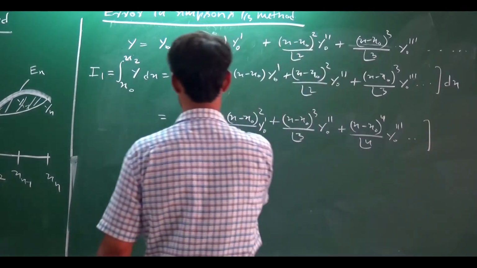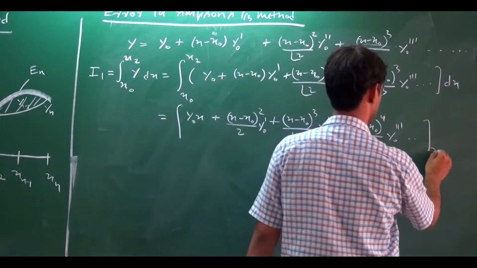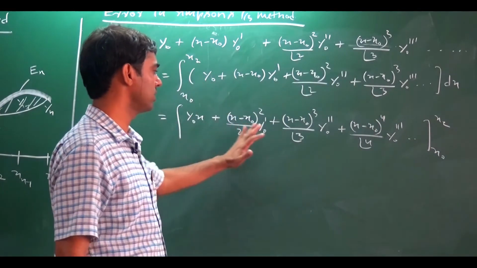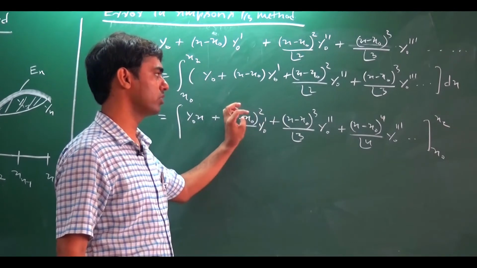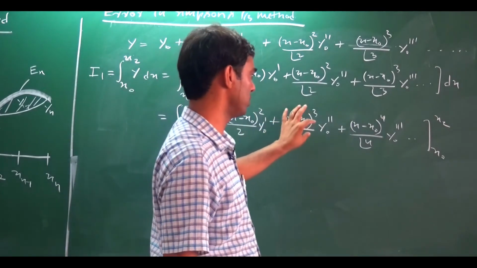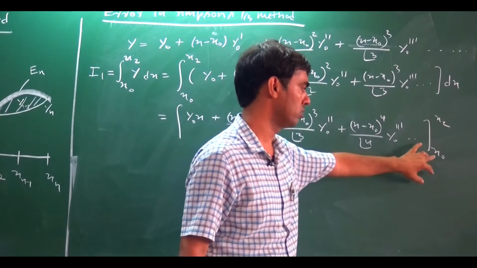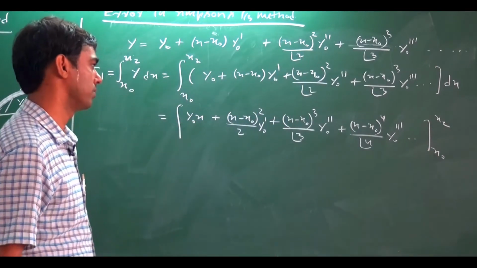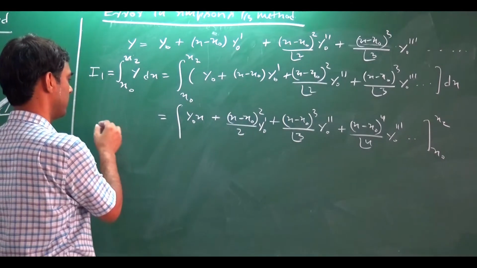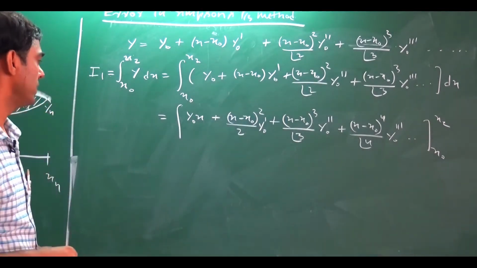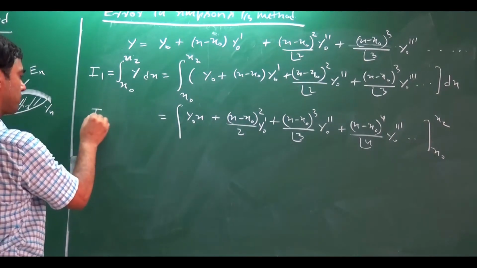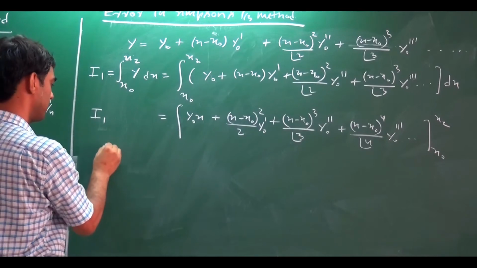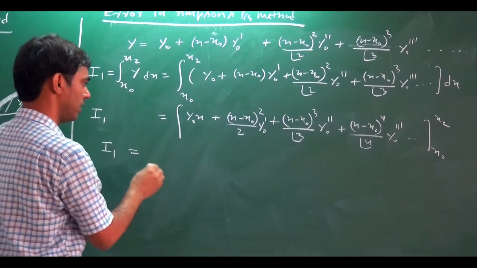What are the lower and upper limits? x0 to x2. When we put the lower limit, all other terms become 0, since x0 minus x0 is 0, except the first term. So after simplification, what do we get?